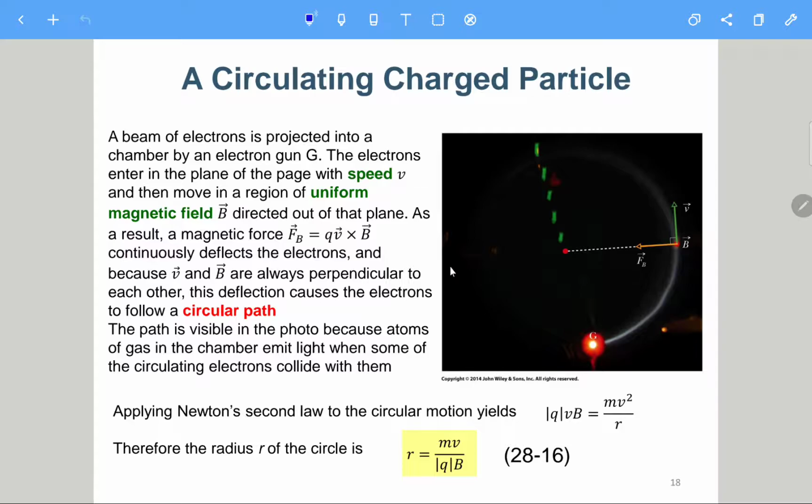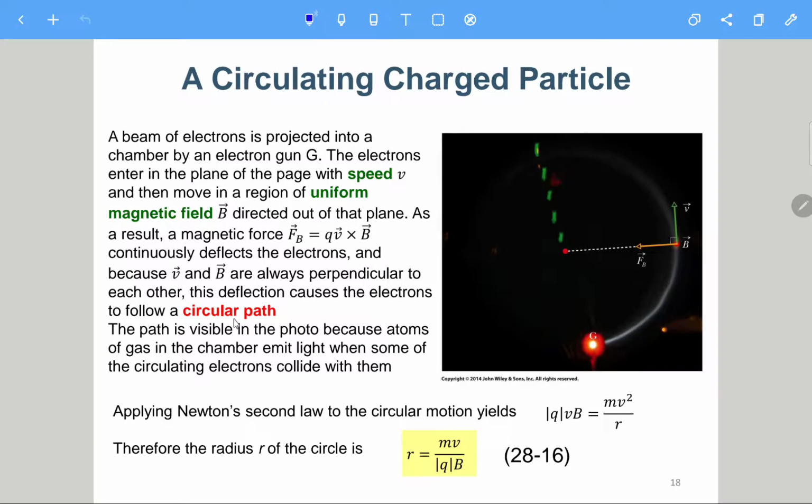We only have a magnetic field here. So as long as we project the electrons perpendicular to the magnetic field, then the electrons will follow a circular path.